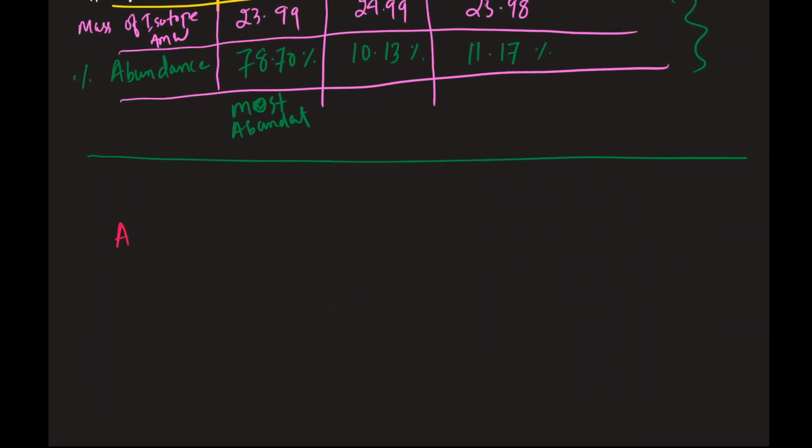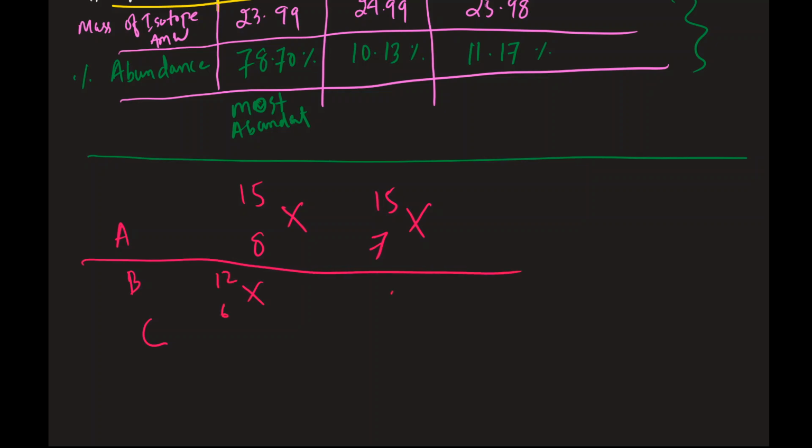I'm giving you three pairs of symbols: A, B, C, with X 8 15, X 7 15, X 6 12, X 6 14, X 7 15, X 8 16. Which of these pairs are isotopes?